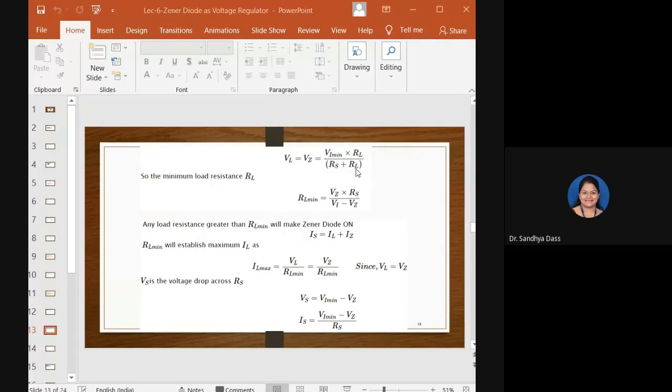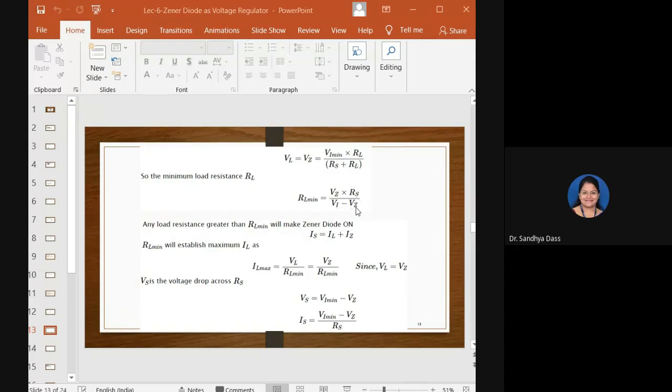From this equation, the minimum load resistance that might be required is RL equal to Vz into RS by VI minus Vz.